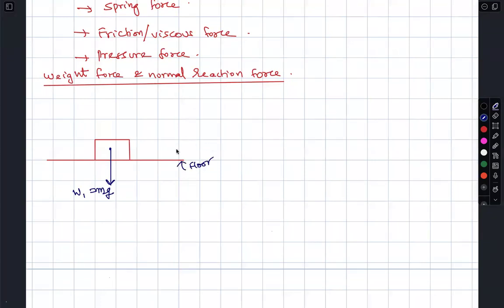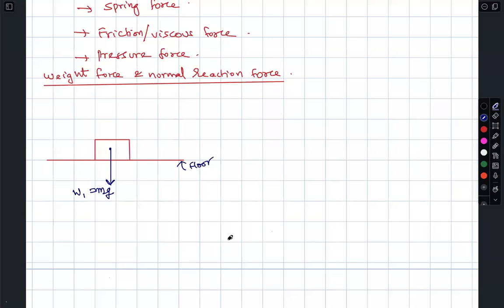This is possible only when the floor also exerts an equal force. Otherwise, net force is not 0, and there should be acceleration. Practically, nothing is accelerated there. The block stays there only. It is not going down. It is not going leftward. It's not going rightward. It's there only. So therefore, it should have 0 acceleration.